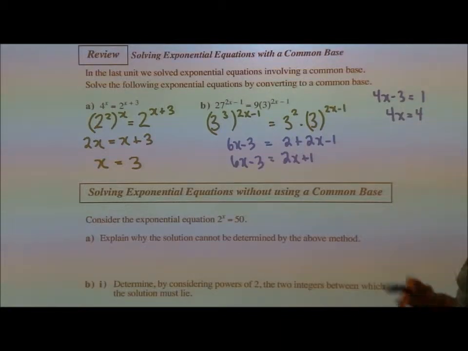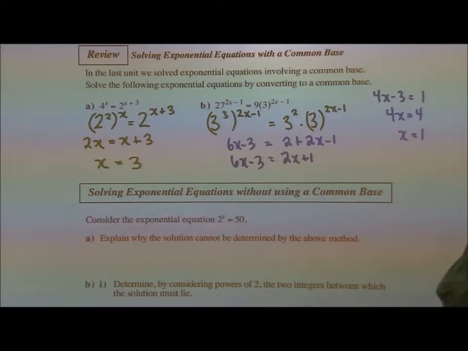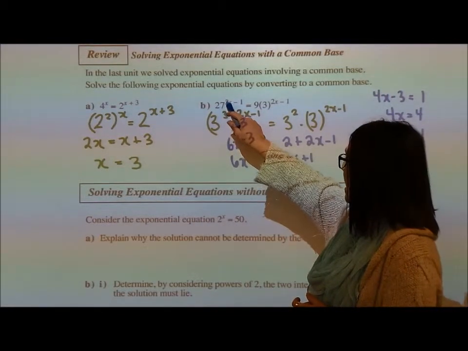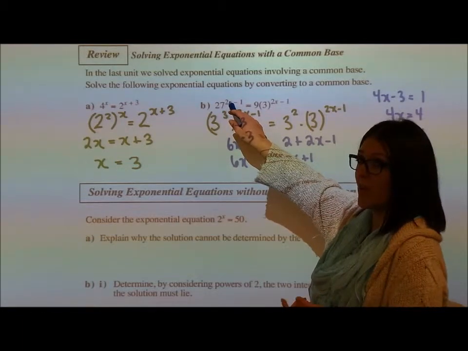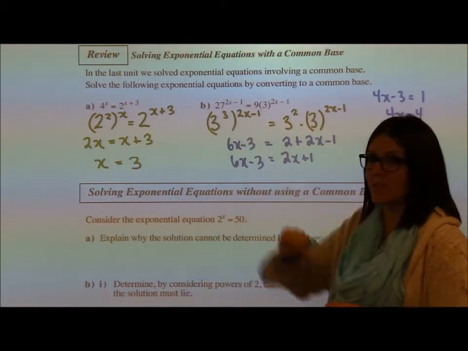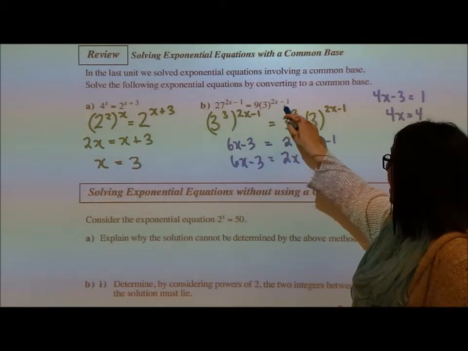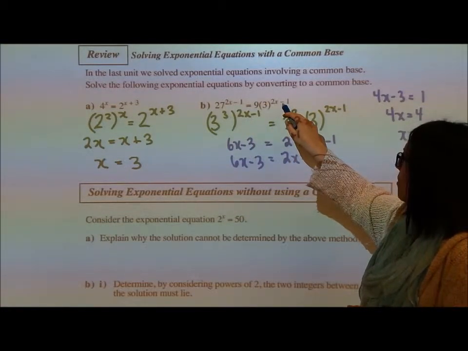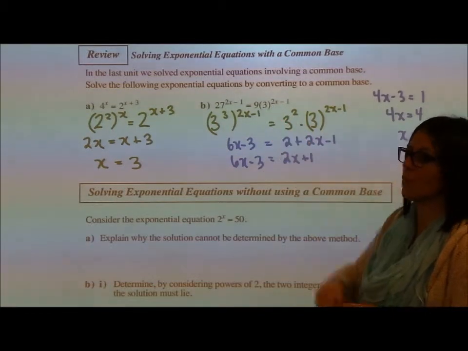And divide by 4. And x equals 1. And again, if I double check that, 2 times 1 is 2, minus 1 is 1. 27 to the power of 1 is 27. And then again, I get 1 to the power of 1 over here. So 3 to the power of 1 is 3, times 9 is 27.